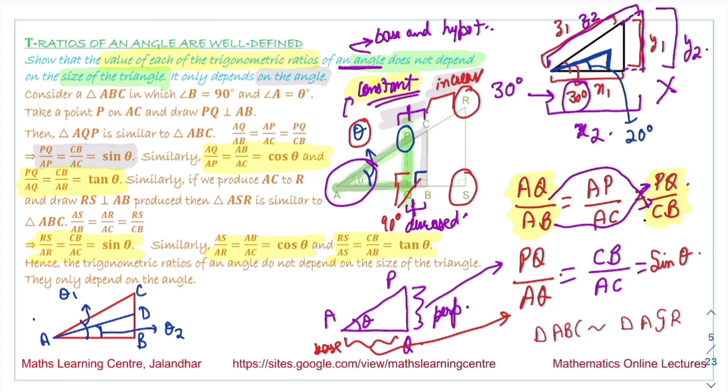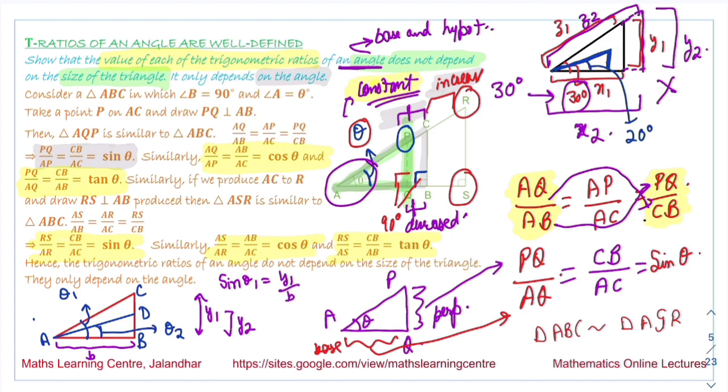So what will happen over here is, this is the base b, the same for both. Earlier the height we write as y1, and the new height we will have is y2. So if I write the value of sine theta 1, it is y1 over b.